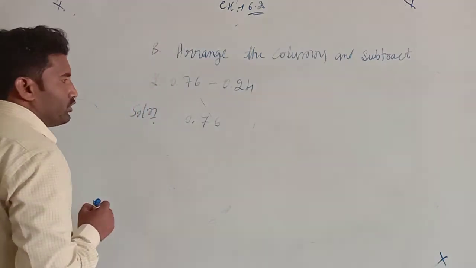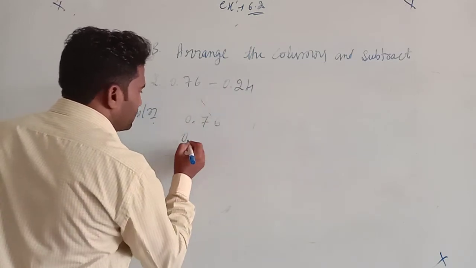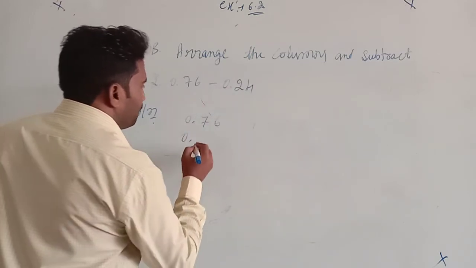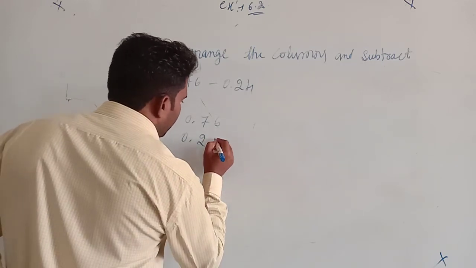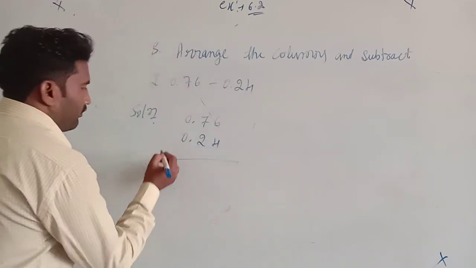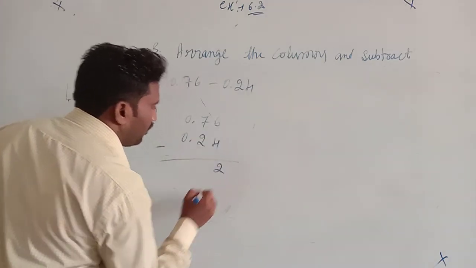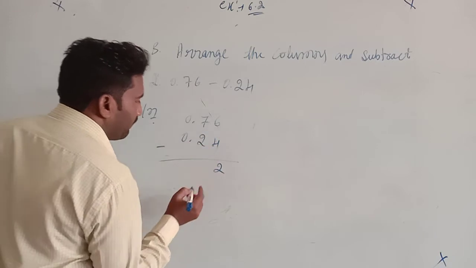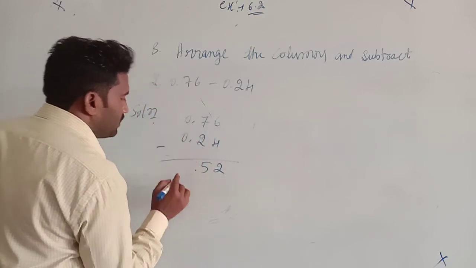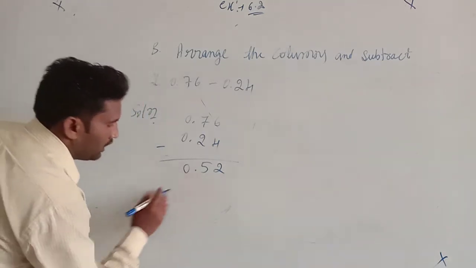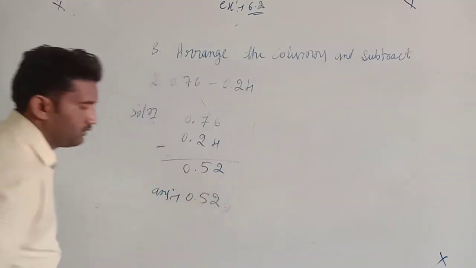That is 0.76. Then 0 in the ones place, the point, 2 in the tenths place, 4 in the hundredths place. Subtracting 4 from 6, we get 2. Subtracting 2 from 7, we get 5. Then the point. Subtracting 0 from 0, we get 0 only. So its answer is 0.52.